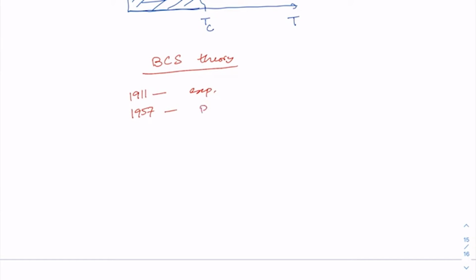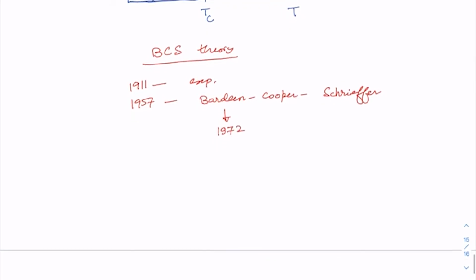It was given by three scientists: Bardeen, Cooper, and Schrieffer. These three gentlemen got the Physics Nobel Prize for their work in the year 1972.